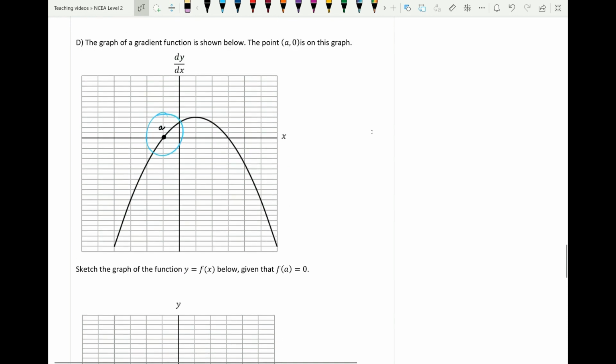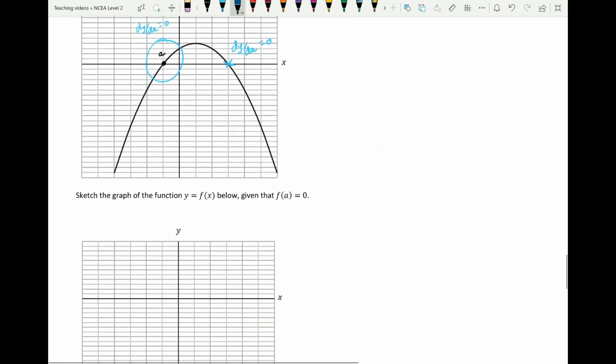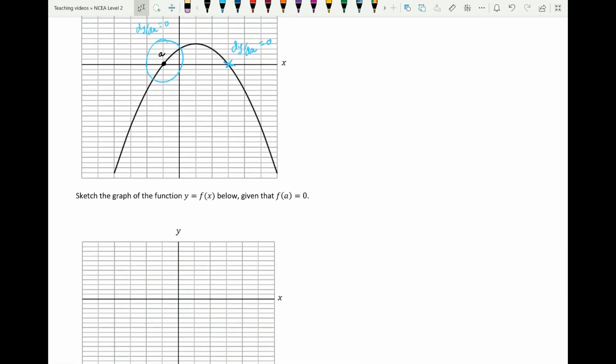So remember that this graph, the gradient function, is showing us the gradient of f(x) at different x values. So here, at a and 0, and also here, f dash of x equals 0, or dy/dx equals 0 at these 2 points, which means that the gradient of f(x) is 0 at those 2 points, which means those must be turning points.